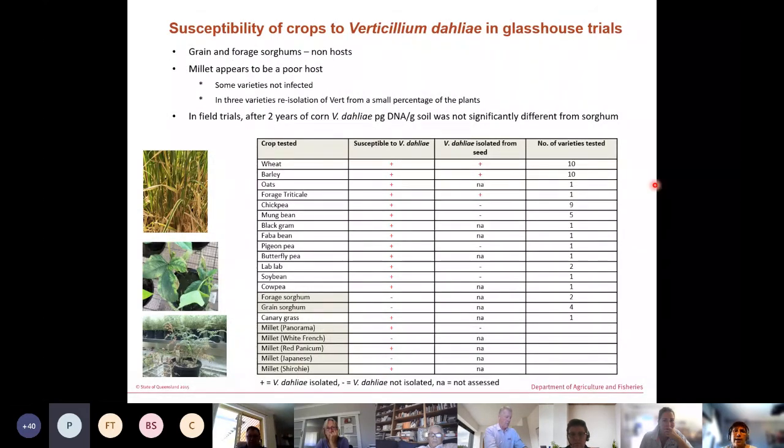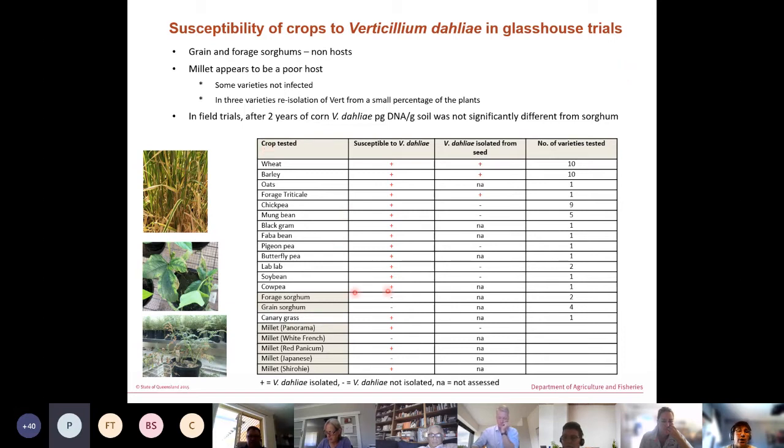So we've also looked at what the hosts are, and in the literature that CottonInfo produced, we certainly have the updated rotation host table, which is really good information as to what we know to be hosts, non-hosts and asymptomatic hosts.